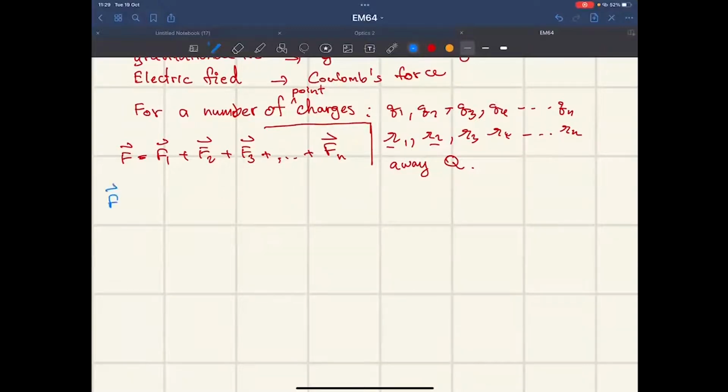Now we write it down like that. One over 4 pi epsilon naught. Everything shares this factor, so we pull it out of the expression.